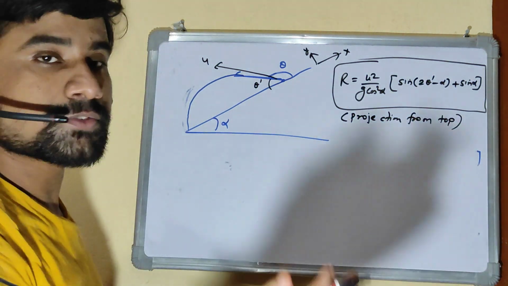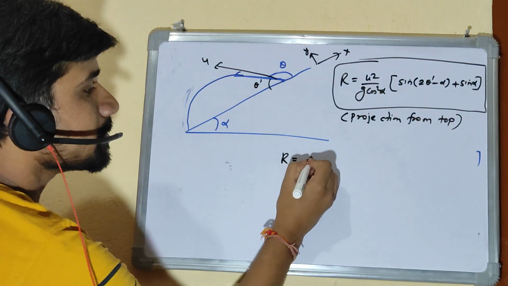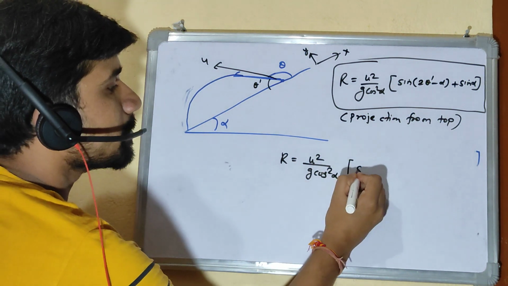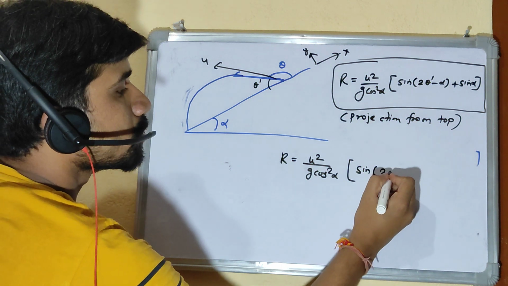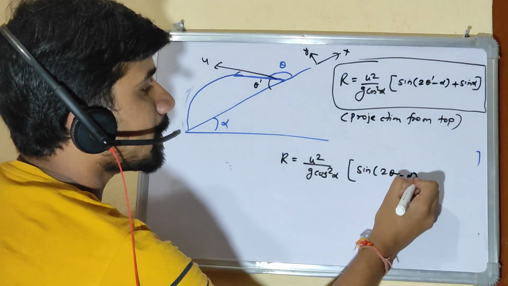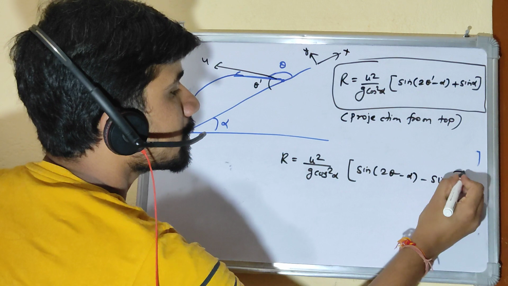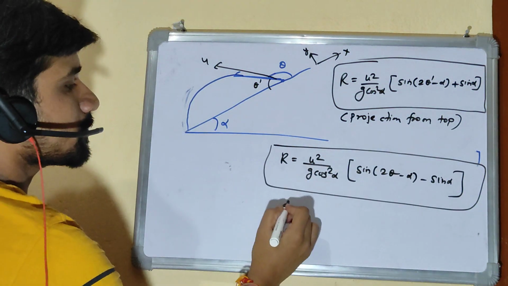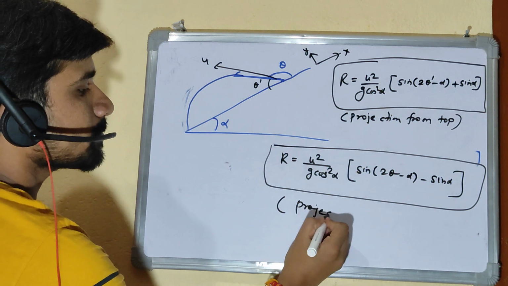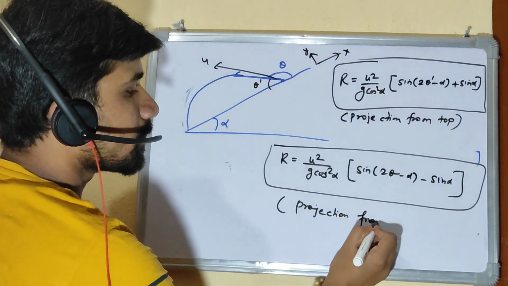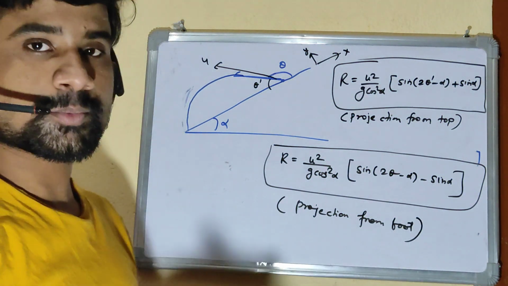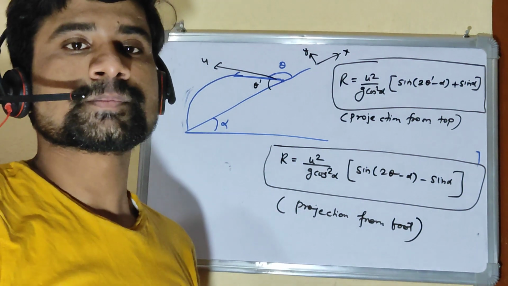but if I talk about projection from foot, the formula for range becomes u square by g cos square alpha. This will become sine of 2 theta minus alpha minus of sine alpha. This becomes the formula for range for projection from the foot, right?